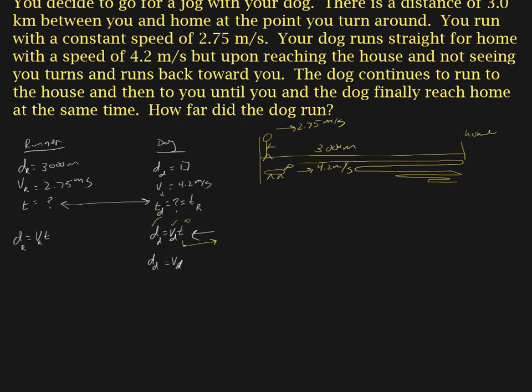In this case, because there's only one equation that you can work with uniform motion, we're going to have to use the equation that describes the runner. And so I'll write that here. d of the runner is equal to v of the runner times t. Now our goal is to eliminate t from our equation.